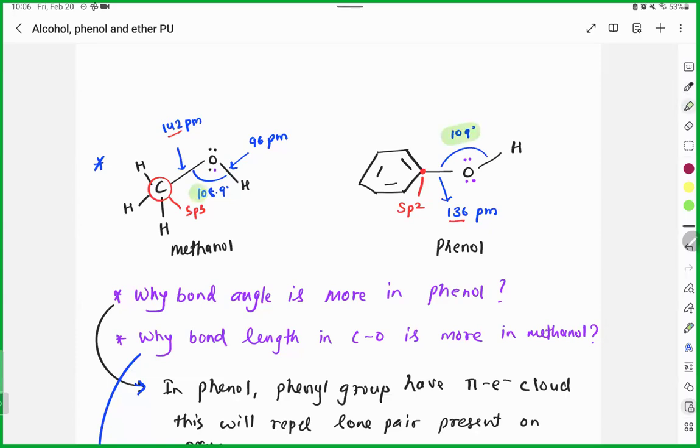Bond angle in the alcohol is 108.9. So slightly it is more in the phenol. Why? Because of electron repulsion, you have electron cloud in case of benzene ring, and you have lone pair on the oxygen. So this electron cloud and lone pair will repel and angle will slightly increase.